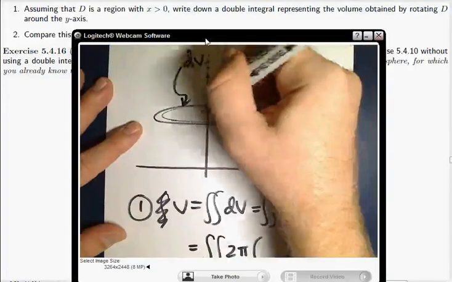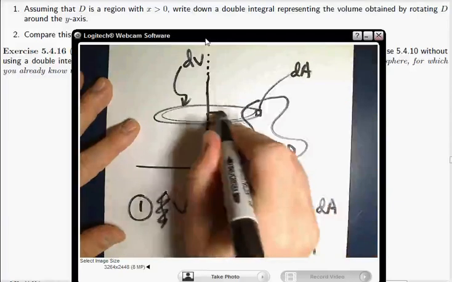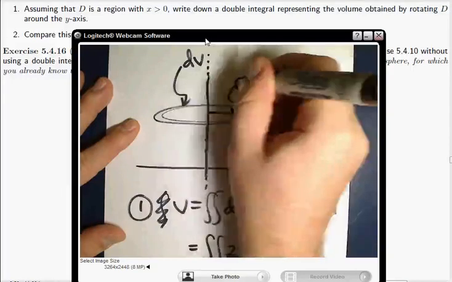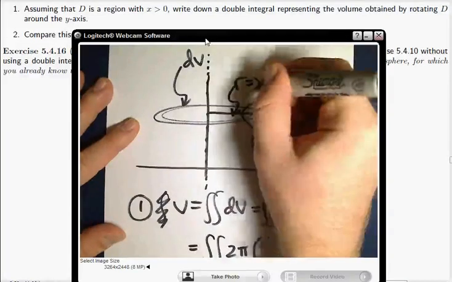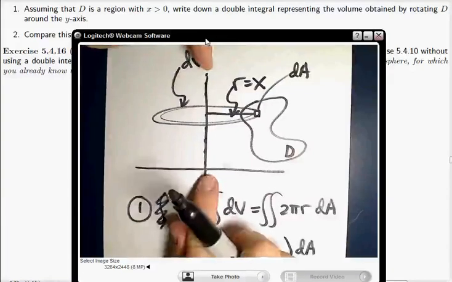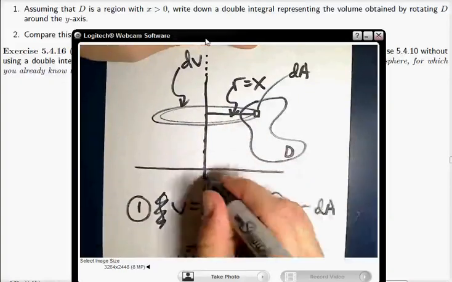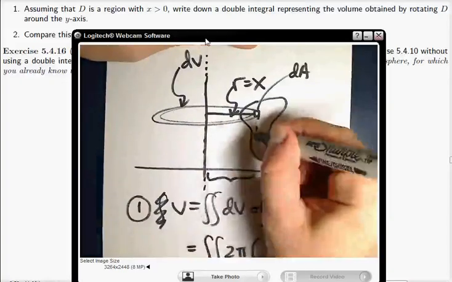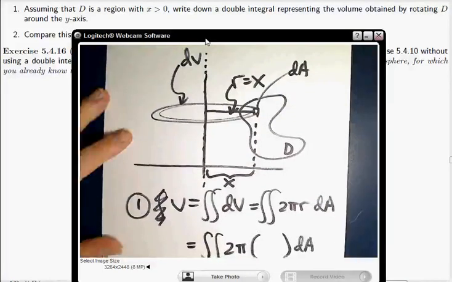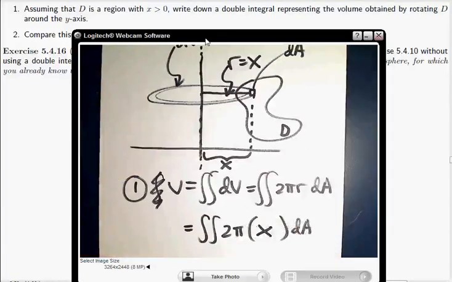We're rotating around the y-axis, and so that r distance is just x. Does that make sense? Are you good so far? How's everybody else?